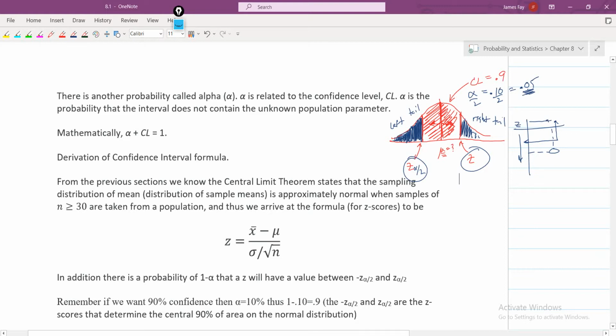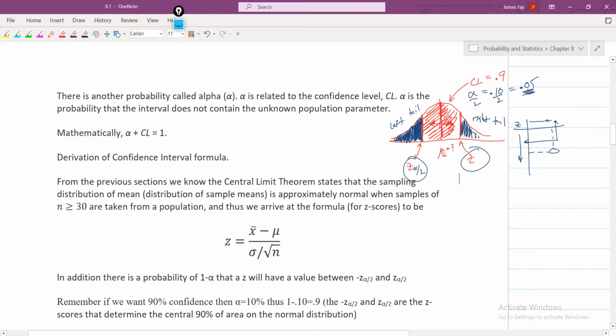We know the central limit theorem states that the sampling distribution of means, which is another way of calling it the distribution of sample means, is approximately normal when sample sizes are chosen to be substantially large. And we said n had to be greater than or equal to 30. And we arrive at this formula for z-scores.